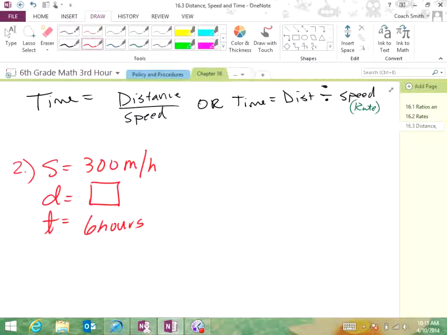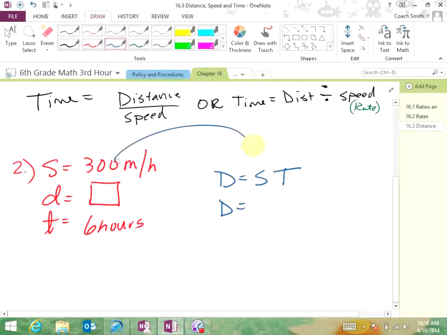When you're trying to find distance, what's the formula that we use, Jesse? Right. We're going to take speed and multiply it by time. So our abbreviation of the formula is distance equals S times T. Now, if we plug in the information that we were given, distance is equal to the speed of 300 and the hours of time.